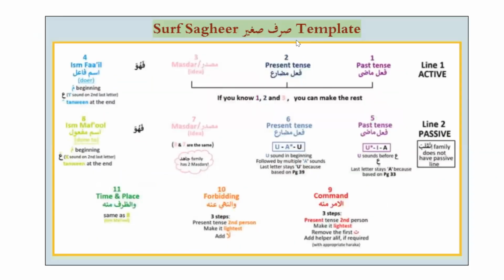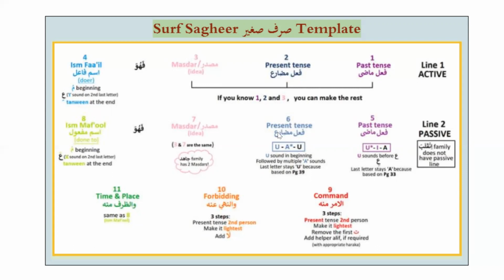The scheme that we have been following is this one: in the first line we have past tense, then present tense, then masdar of that family, then ism fa'il. And in the second line we have past passive, fi'l madi mabni lil majhul, and then present tense in the form of mabni lil majhul, fi'l mudari mabni lil majhul.